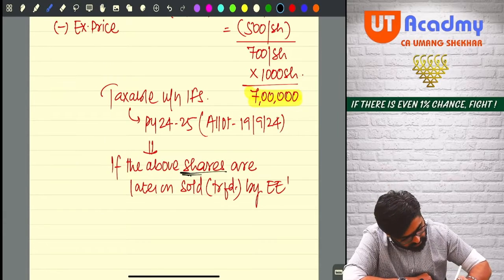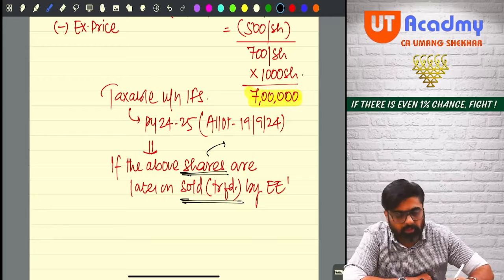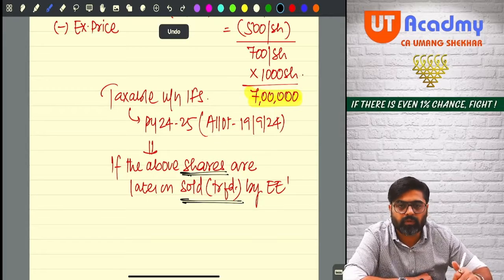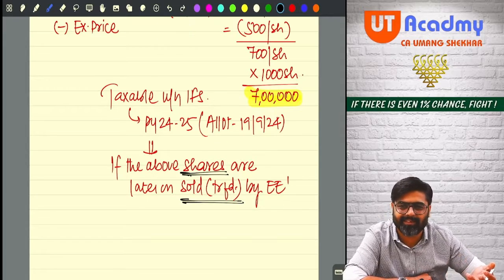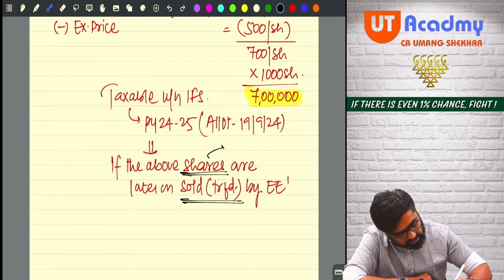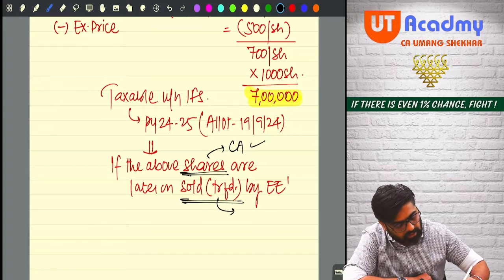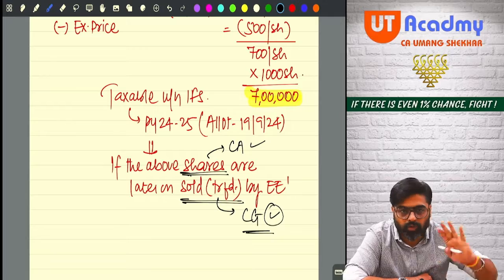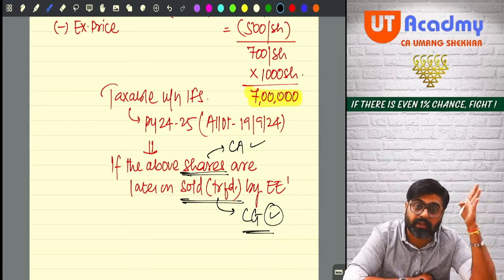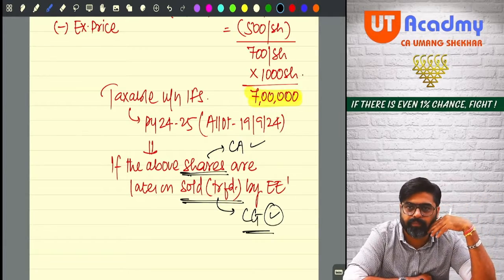You are selling the shares which you are having now. Now these shares are your assets, meaning it is a capital asset. So if you are transferring the capital asset, the capital gain will also arise. So whenever later you sell these shares, that time your capital gain will be calculated.